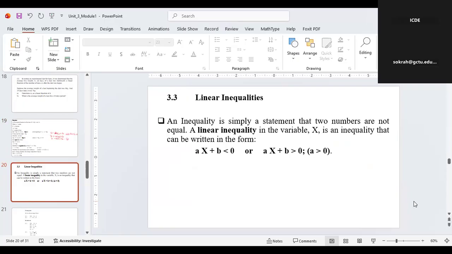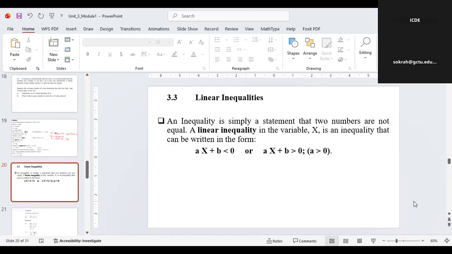Now we want to look at linear inequalities. I think that is the last topic on this slide. If you have understood linear equations, all the processes involved are not different from linear inequalities. The only different thing is that, as the name goes, when it was equations, that is equality, so you use the equal sign.